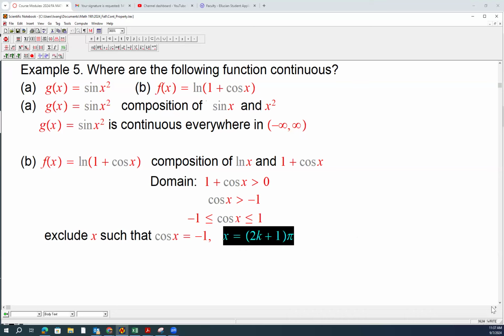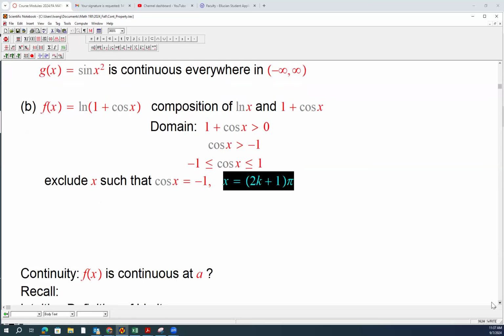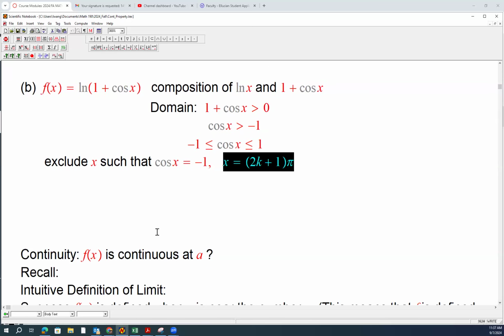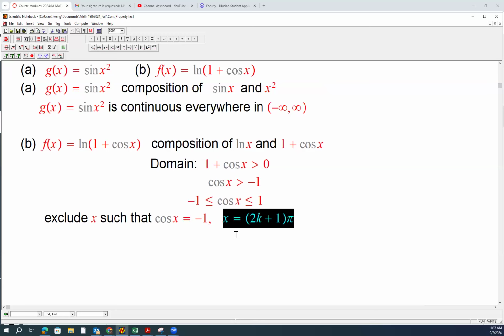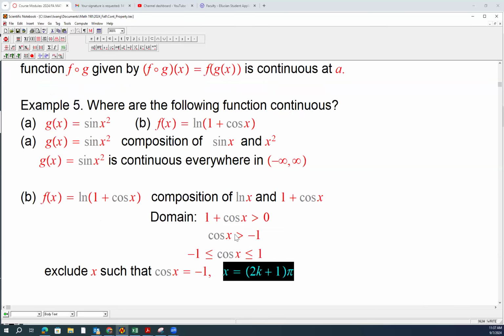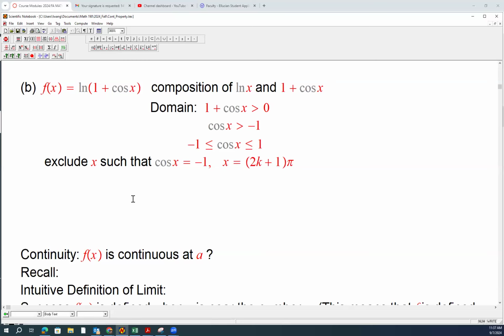What does that mean? We're asking the function to be continuous, so we have to exclude these numbers. Okay, so let's look at a number line. So we look at these numbers.